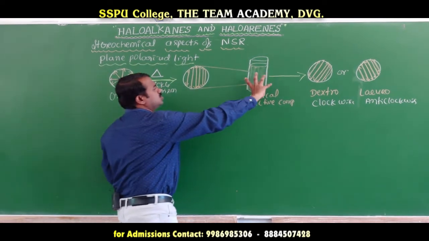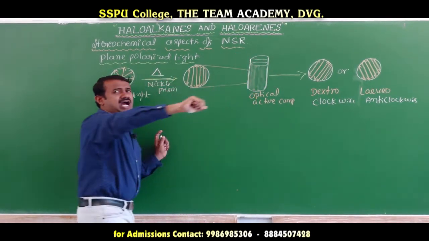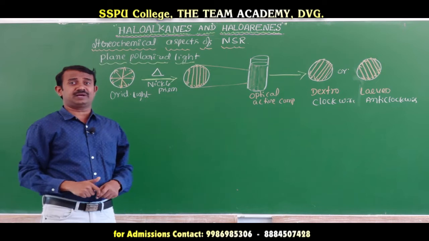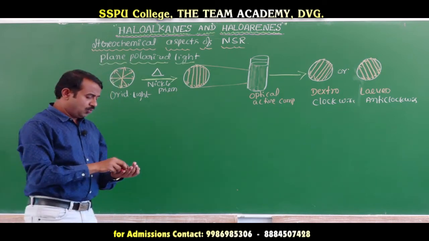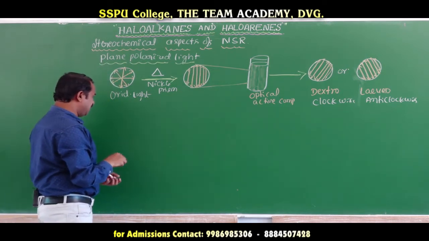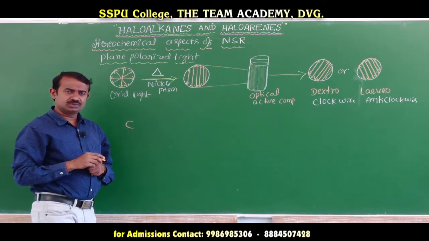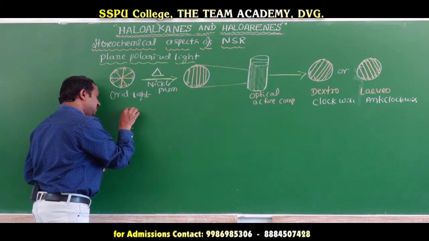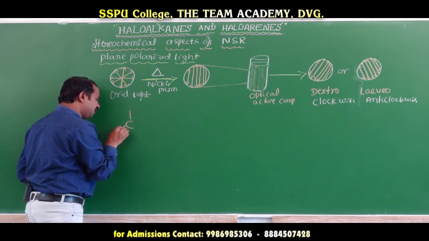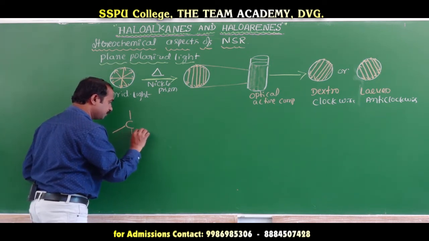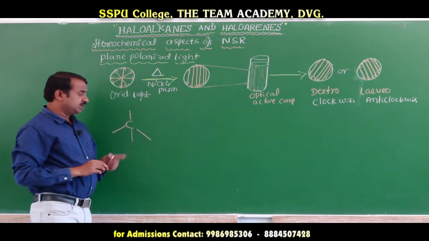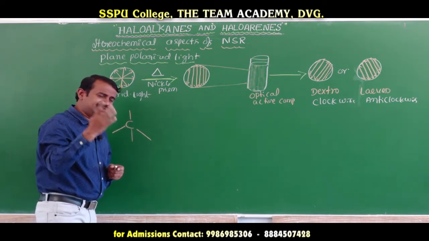These are organic compounds which contain an optically active carbon. What is an optically active carbon? You should remember, it is a carbon atom containing four different functional groups. The carbon's valence is 4.